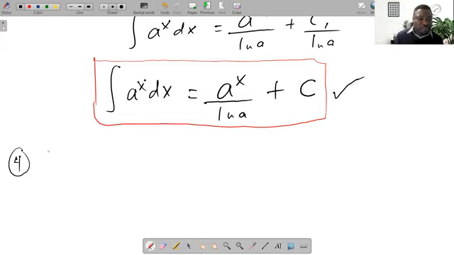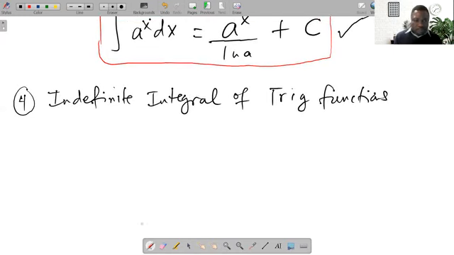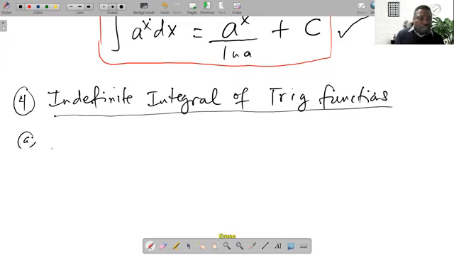The indefinite integral of the trig functions or trig ratios.